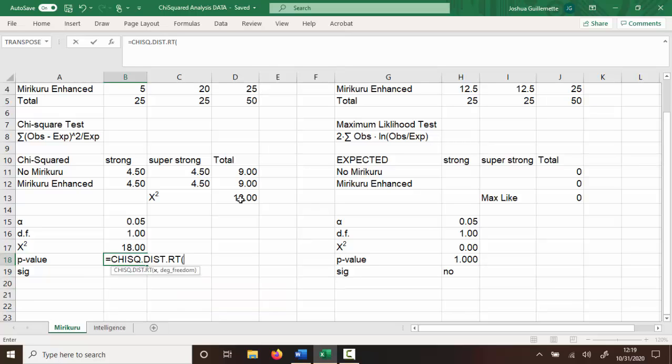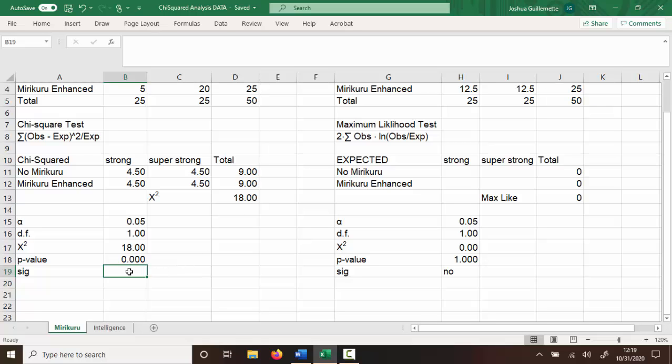So I'm going to use this particular function. The x is actually the chi-square value. And then the degree of freedom was the 1 that we calculated up here. And when I hit enter, it's 0. And that makes sense because 18 deviations away, a chi-squared score of 18 is really, really large.